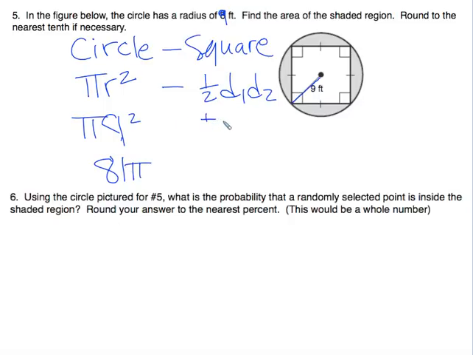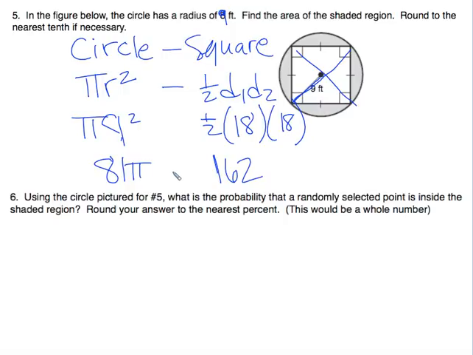Then 1/2 diagonal 1, if this is 9, the whole thing is 18, and you have congruent diagonals, so 18 and 18. So half of 324, 162. So the square is 162.